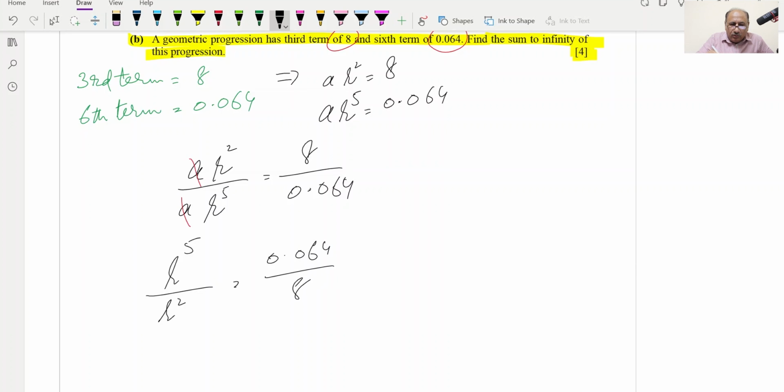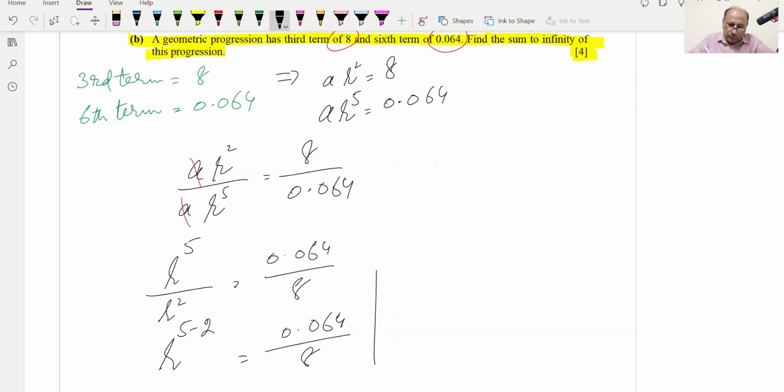Otherwise, at the beginning you can divide ar5 by ar2 and directly reach this step. So this will be r raised to the power 5 minus 2 is equal to 0.064 over 8, and this will be r raised to the power 3.